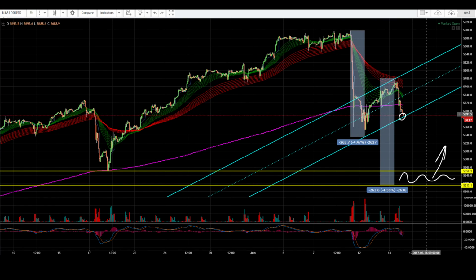So we've got to look at this. If we break this, we're going down lower. I have CFD data. Do you want to see the Russell? I can do the Russell as well.